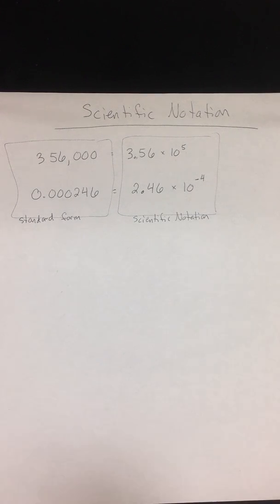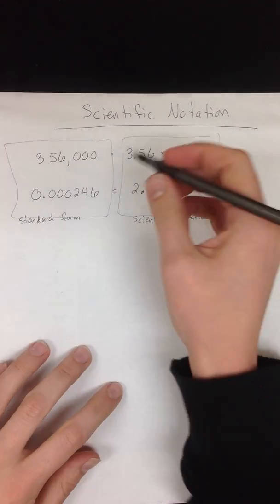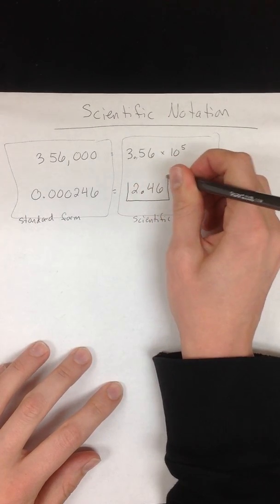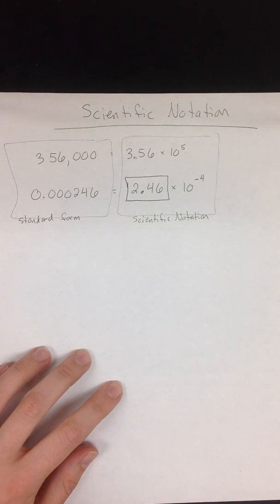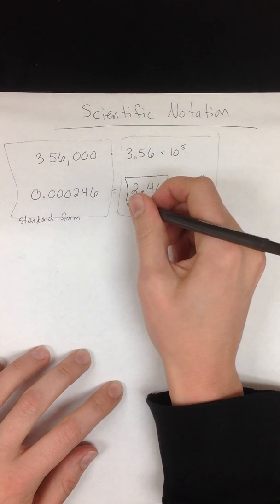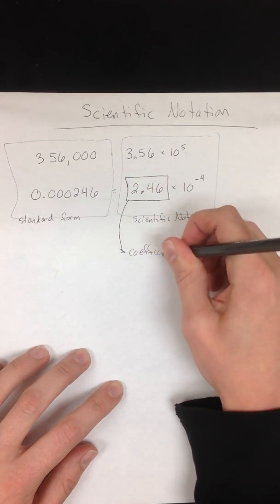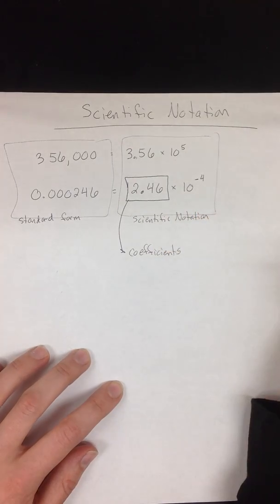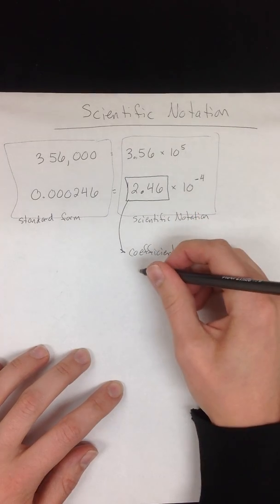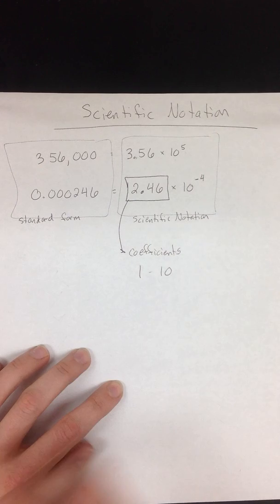Some details about a number in scientific notation. There are two parts of our scientific notation number. This part right here, it's the decimal version of the actual number. That is called a coefficient. And coefficients are numbers that are between 1 and 10.